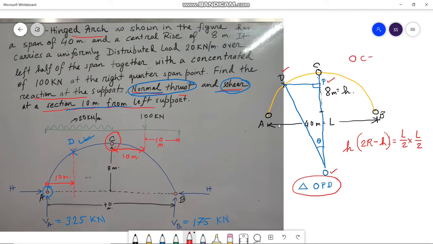C means this point and O means this point, that is the center of the circle. So we have h equals to 8 meter and L equals to 40 meter. So putting the value of L and small h, we get capital R, that is the radius of the circle, is 29 meter.